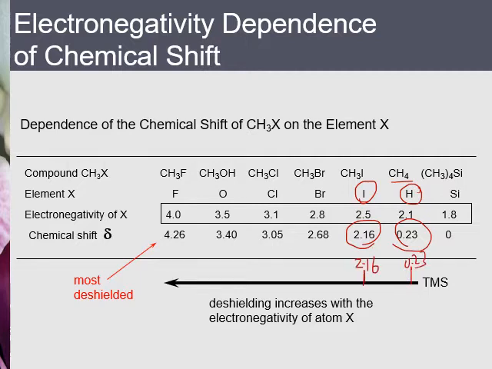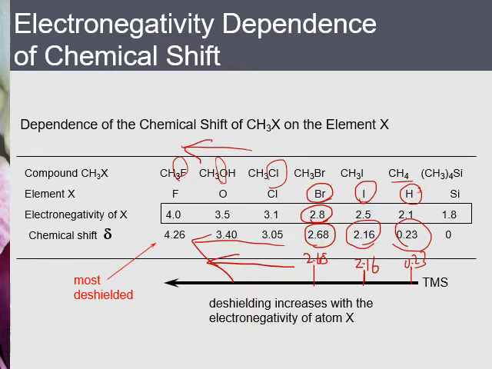When iodine is replaced by bromine, which has a higher electronegativity, the chemical shift goes to 2.68. And when the bromine is replaced by chlorine, oxygen or fluorine, the electronegativity increases and the chemical shift also increases. And on the spectrum, it goes to the low field side or downfield side.